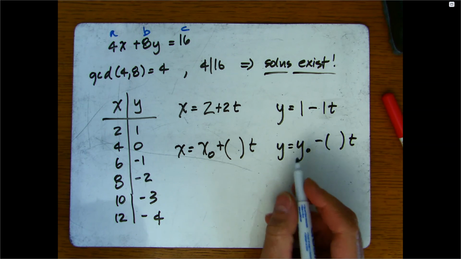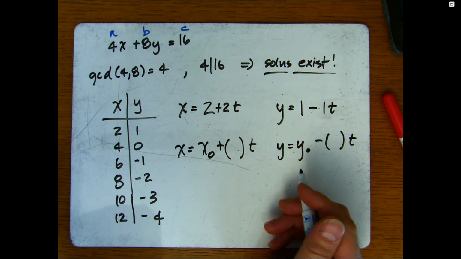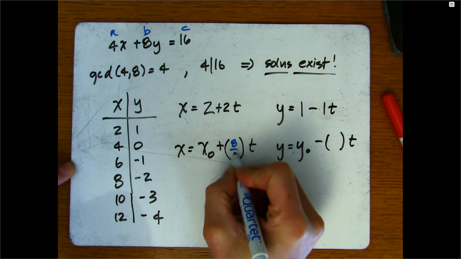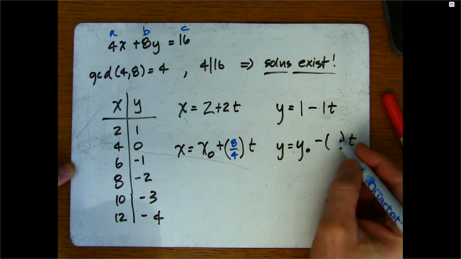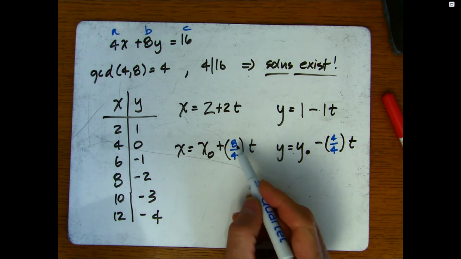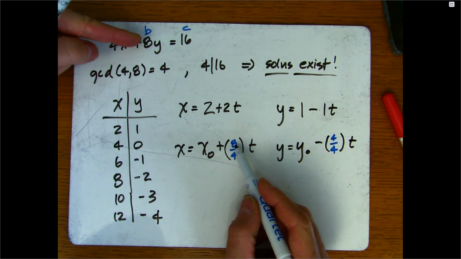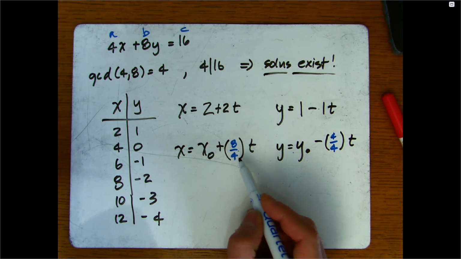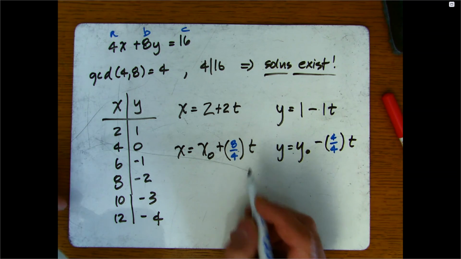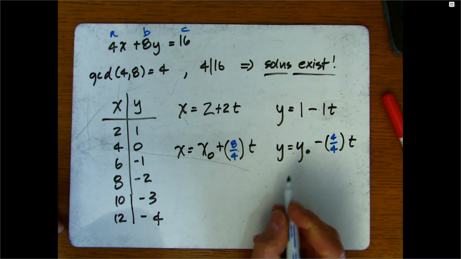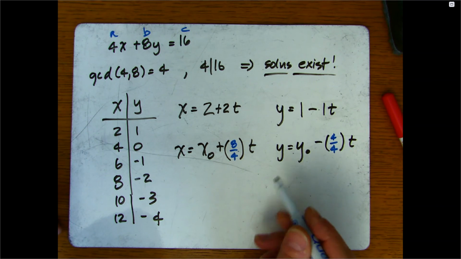One potential guess might be that you start this one by taking the 8 and dividing it by 4, and you do this one by taking the 4 and dividing by 4. Where are those numbers coming from? Well, the 8 appears to come from b, the 4 appears to come from a, and then what would the other 4 be? You might guess it's coming from a, but another good guess might be that it's actually the GCD of 4 and 8.